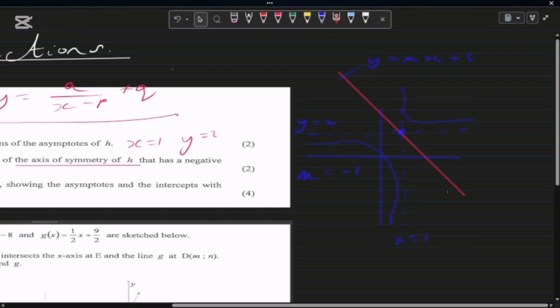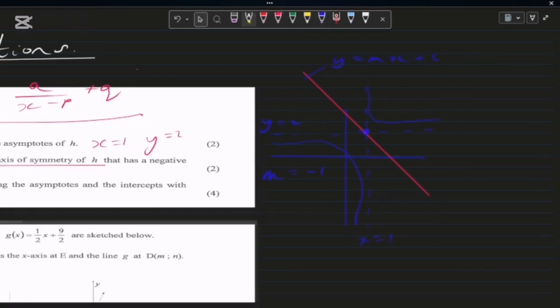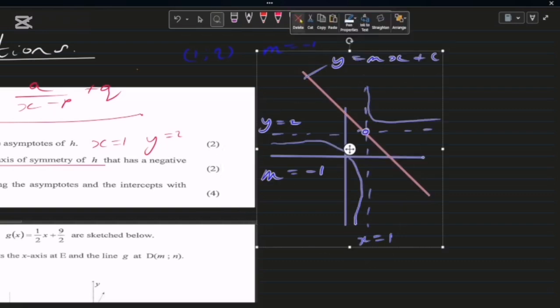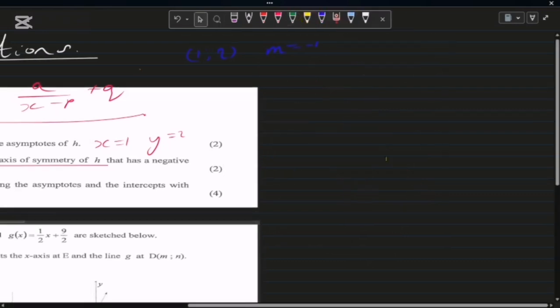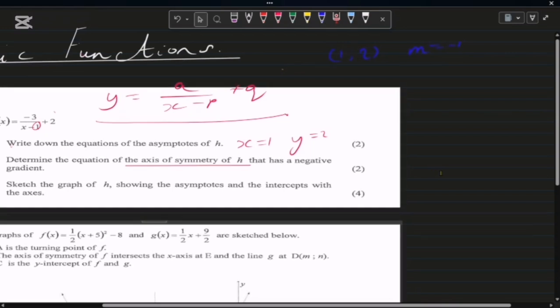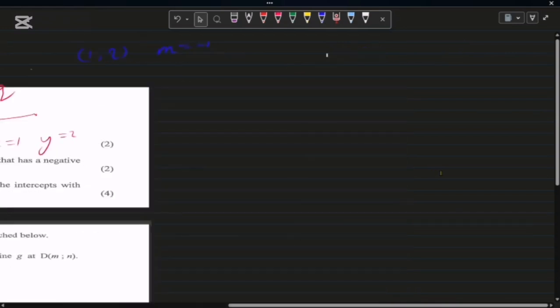So let me just remove the sketch, and then we have a point. The point is x is 1 and y is 2, and the gradient is -1. So let's examine the equation. Let's do it on the side here.